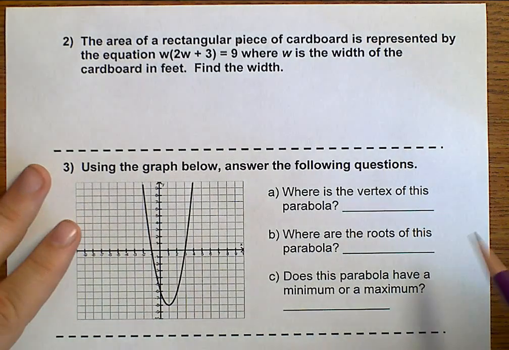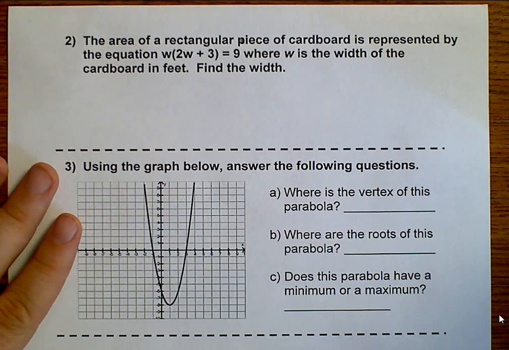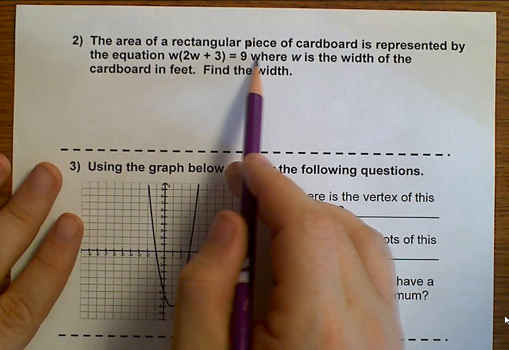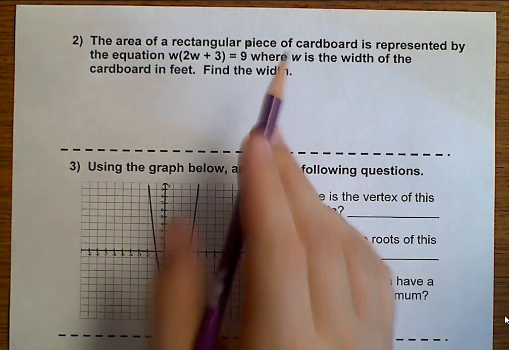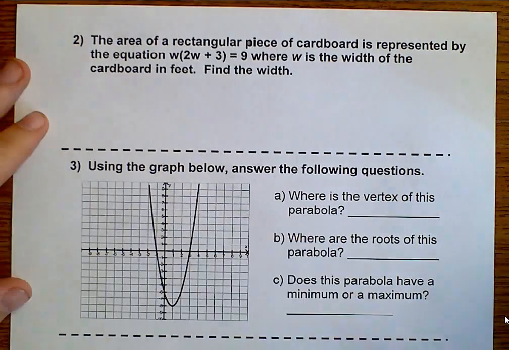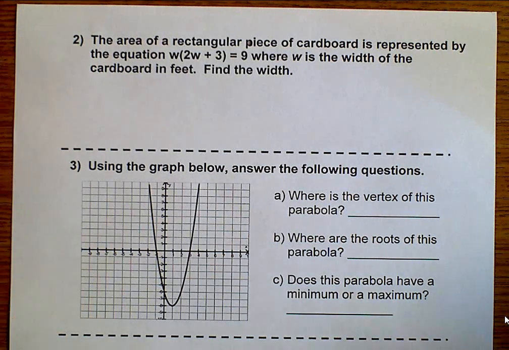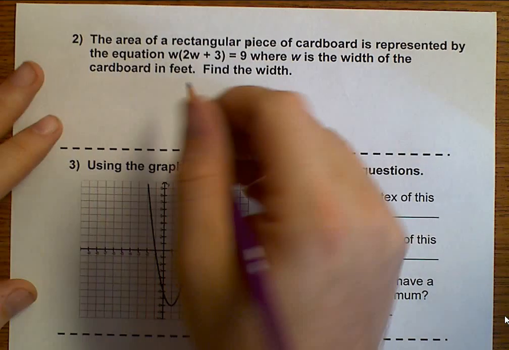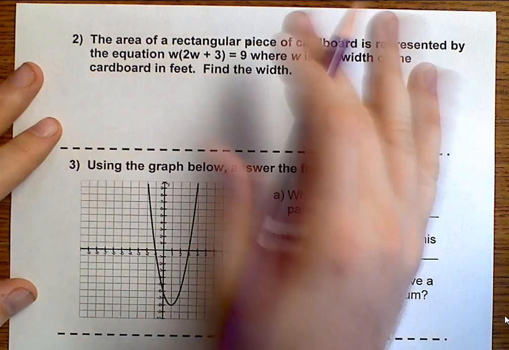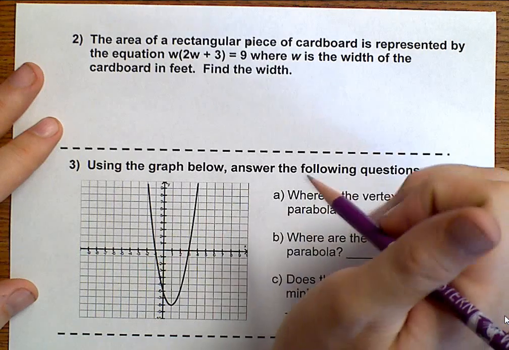Well, this says the area of a rectangular piece of cardboard is represented by this equation where W is the width. We want to find that width. Well, there's a couple ways to do this. I'm not even going to worry about doing it algebraically. We're going to do this just with the calculator.